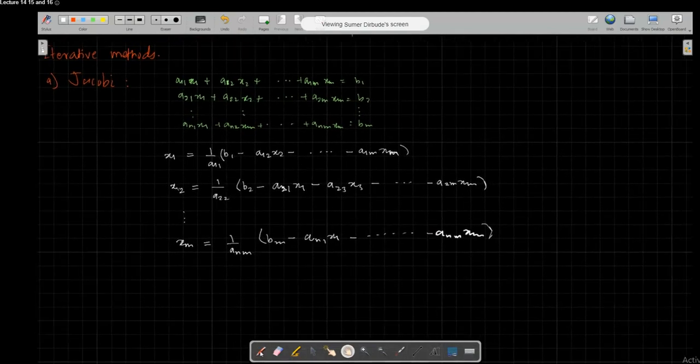So here these are the guess values. What are the guess values here? The guess values are x2, x3, x4 up to xn. These are guess values in the beginning, guess values at the first iteration, zero iteration or first iteration.